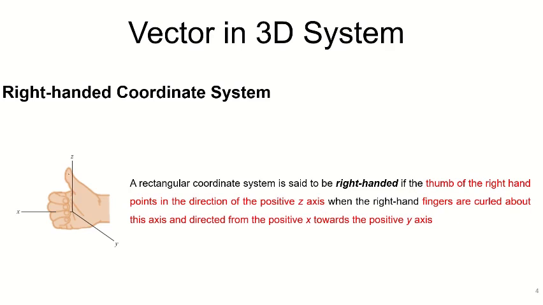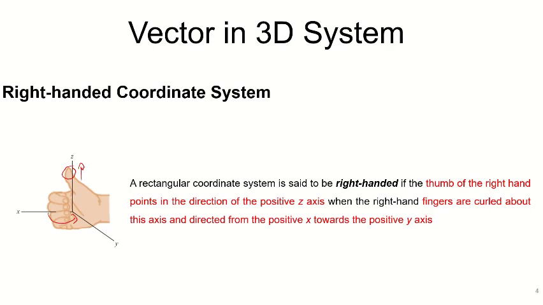You can see the thumb points in the direction of the positive z-axis.